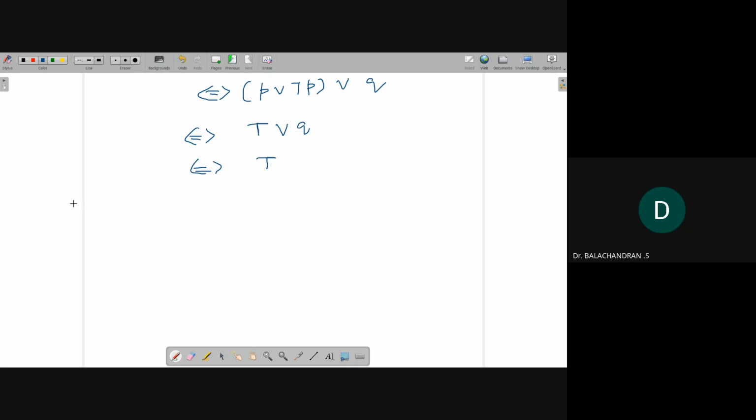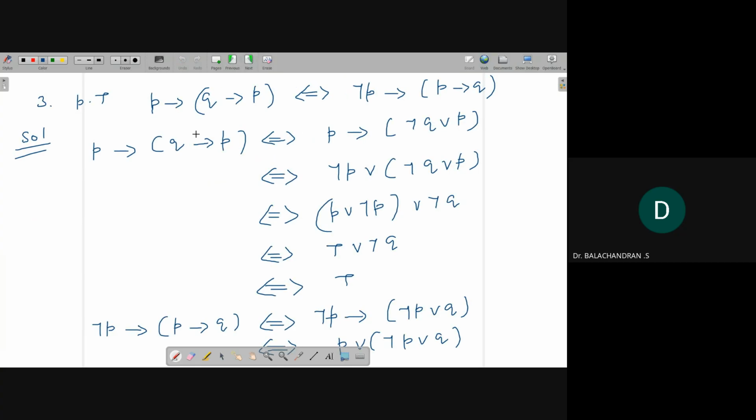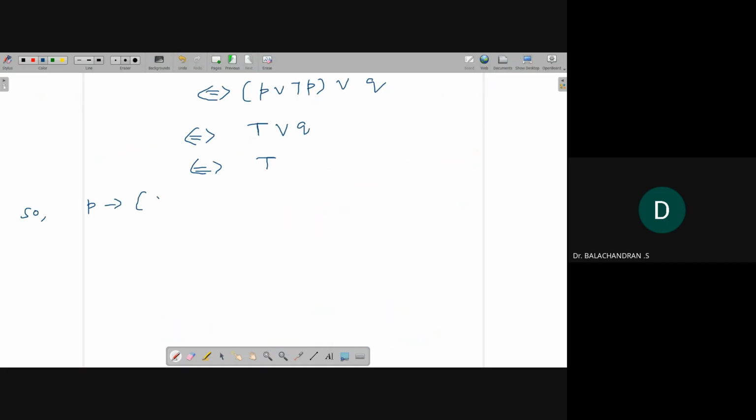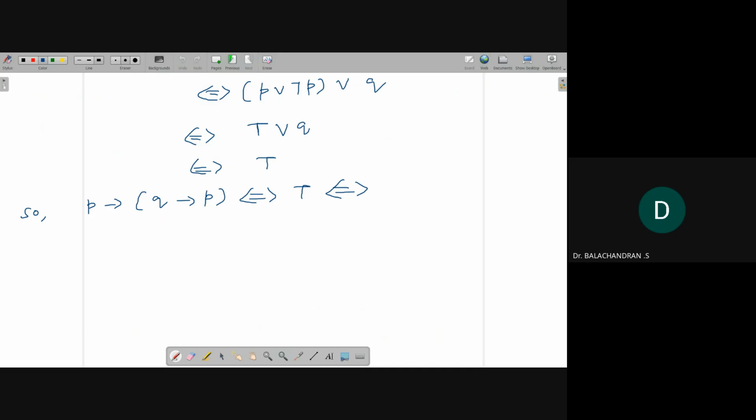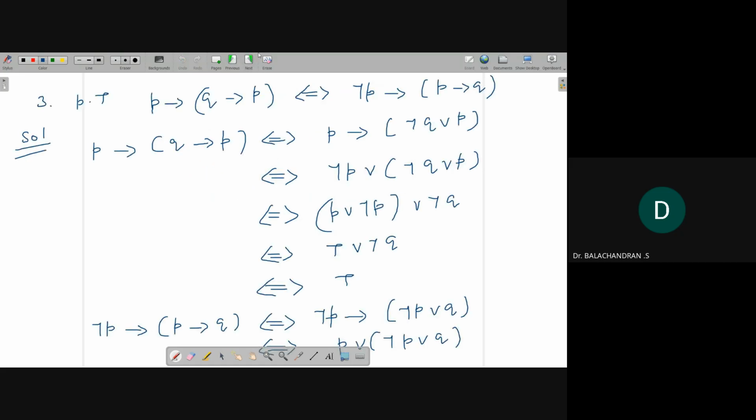So now the final step. What is the left hand side? P implies (Q implies P) is equivalent to T, but T is equivalent to what? Negation P implies (P implies Q).